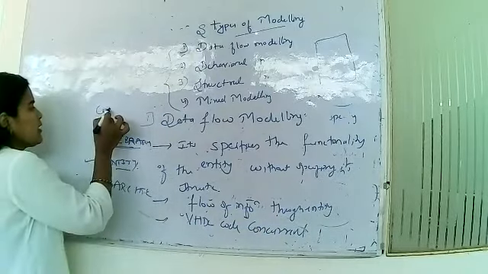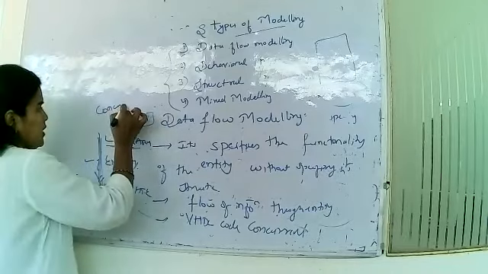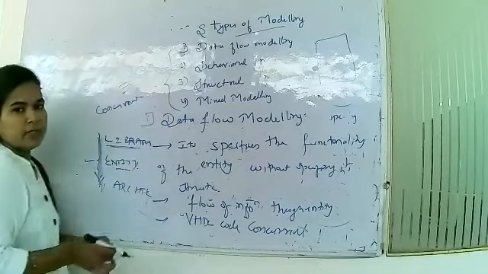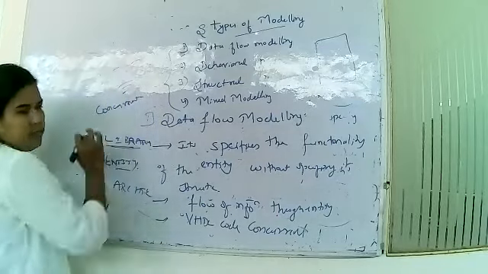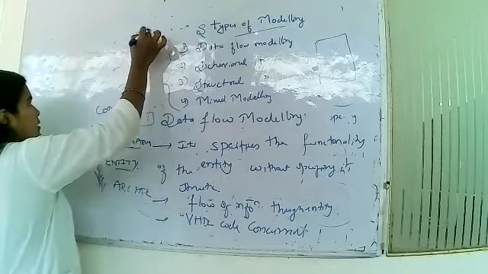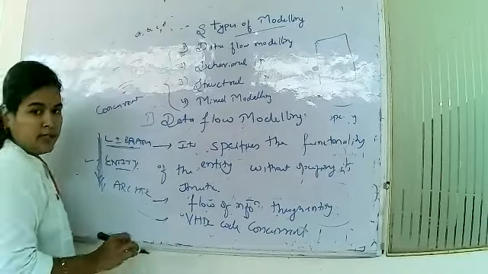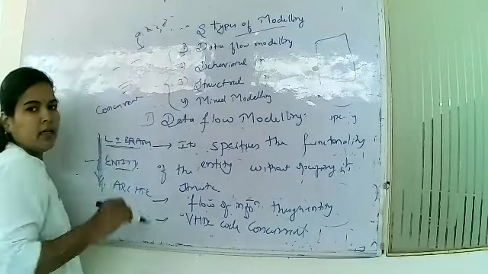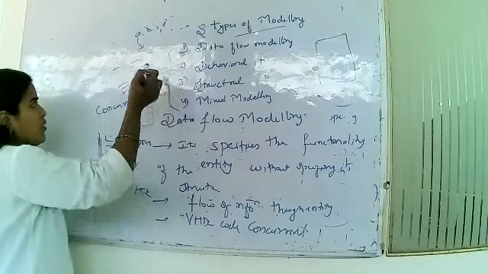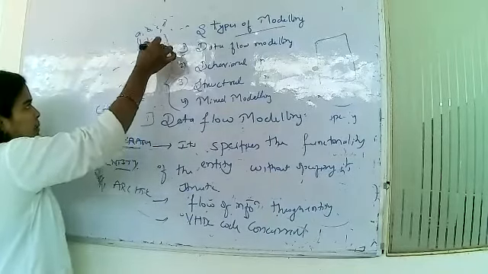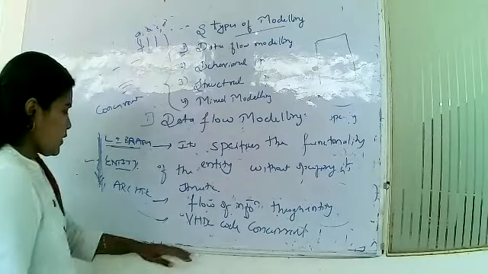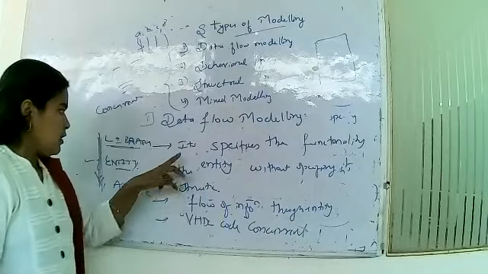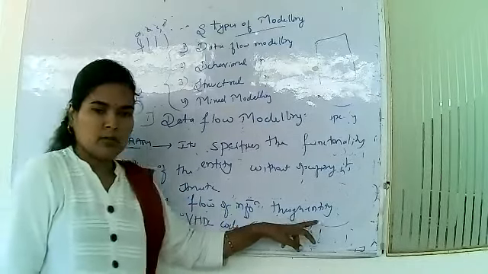And the next thing is it is concurrent. What is concurrent? At a time. If it is sequential, it is one by one. If I have A, B, C, D, sequential means first it will go A, next B, then C, then D. But concurrent means it will go at a time, A, B, C, D. So in the VHDL code, it is concurrent, and it is the flow of information through the entity.